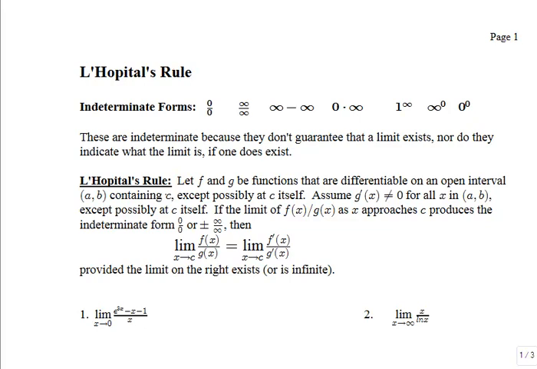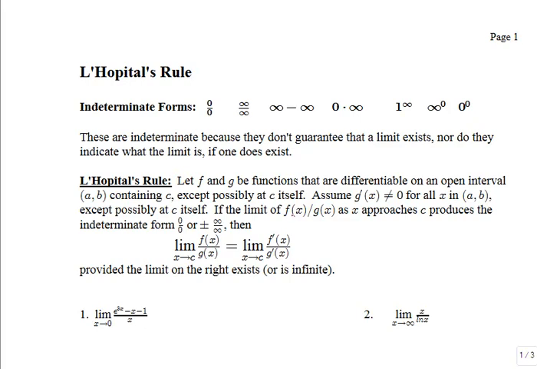So L'Hopital's Rule says that if you have two functions f and g that are differentiable on an open interval (a, b) containing the point c, except possibly at c itself, these two functions may not be differentiable right at c itself. That's okay. Assume that the derivative of g is not 0 for all x in this interval except possibly at c itself.